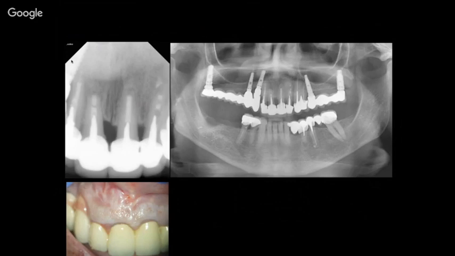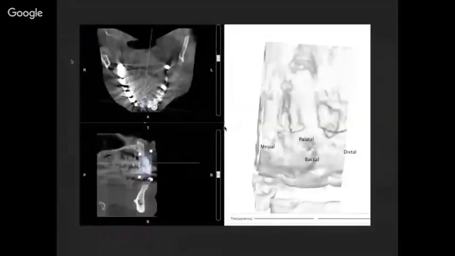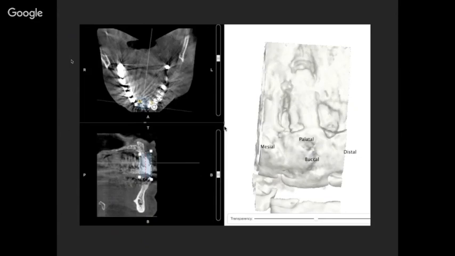Well, let's see how the CBCT would work to our advantage. So I can, with the CBCT, isolate the tooth. I can analyze the extent of the bone loss, as I mentioned before, mesially, distally, and on both the buccal and the palatal side.